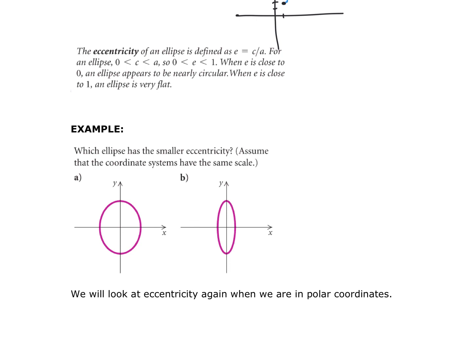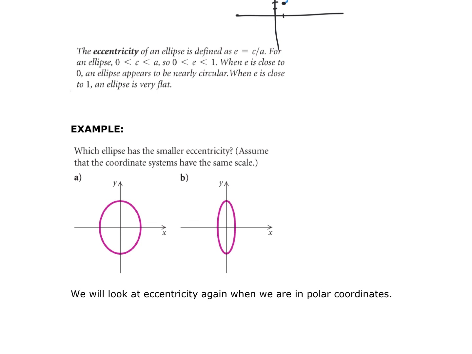Now, my eccentricity is always going to be for c being less than a. And I have to say c being less than a because when we get into hyperbolas, c is not going to be less than a. But right now, in ellipses, it's true. And that tells me that e, my eccentricity, is less than 1 for these type of conics, these ellipses.